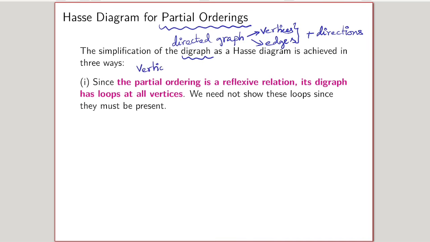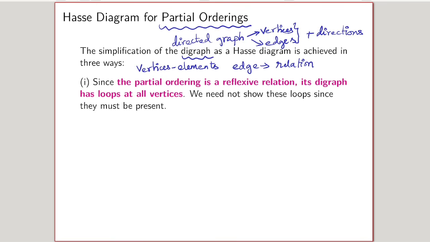Vertices are nothing but the elements in the given set, and if we want to draw an edge between two elements, then those two elements must be related in the given partial order relation. So drawing a directed graph is by this method.